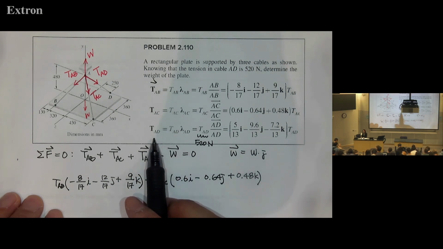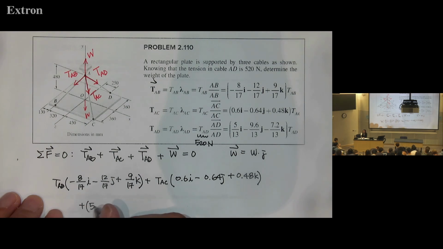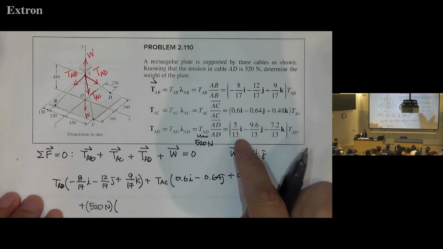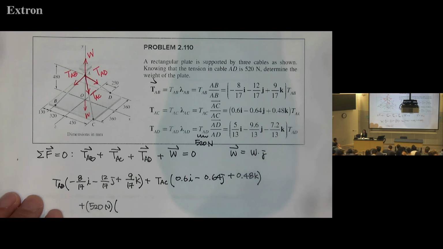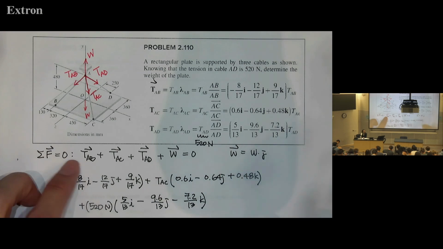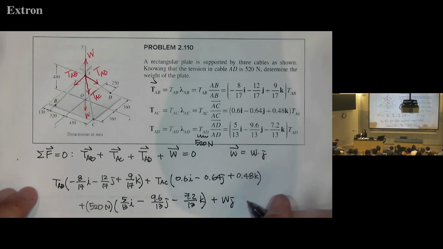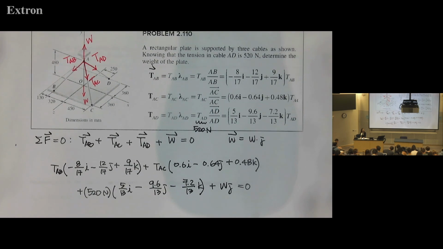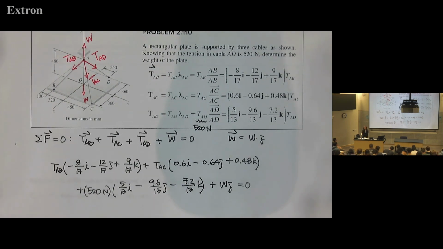And then the third vector here is 520 Newton times these. This is the directional vector. So 5 over 13I minus 9.6 over 13J minus 7.2 over 13K. Okay. So wrote down up to here. And then W vector is this. So plus WJ equals to 0. Okay. Any questions? Okay, good. And then this is the vector equivalent equation.